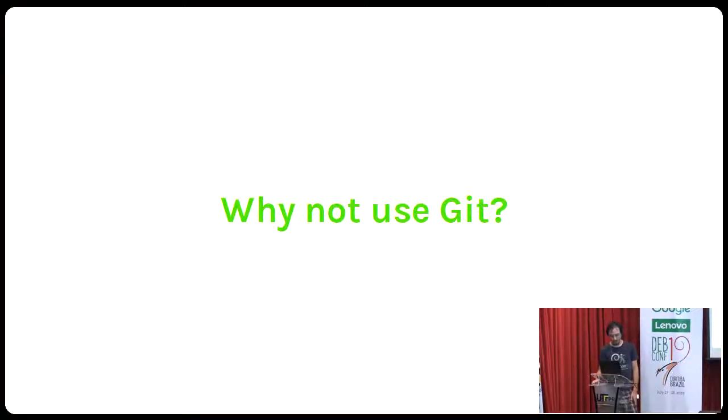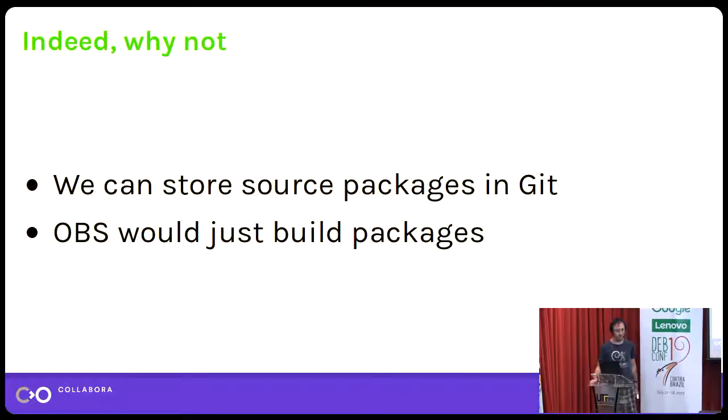And at some point we decided we just need to let OBS just build packages and provide everything but the versioning. So the versioning control of the source packages would be completely in GitLab, and OBS would do the rest.